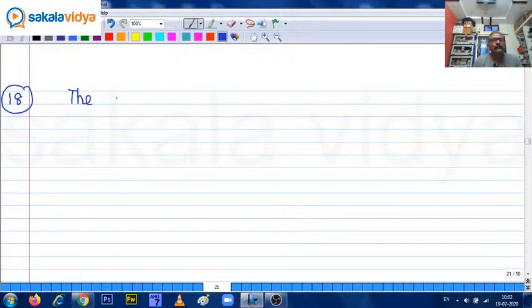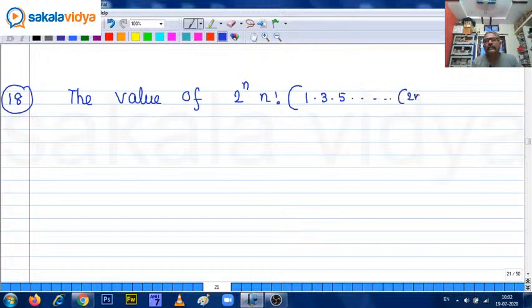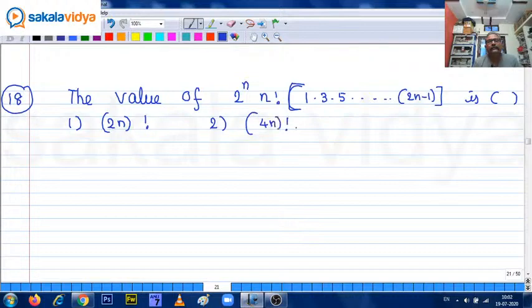The value of 2 to the power of n times n factorial times 1 into 3 into 5 and so on to (2n minus 1) is, okay, first option 2n factorial, second is 4n factorial, third is 2n factorial upon n, fourth one is n factorial.